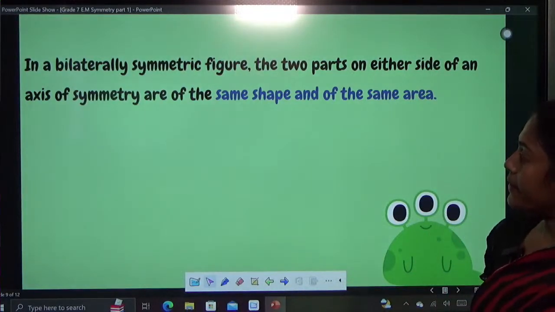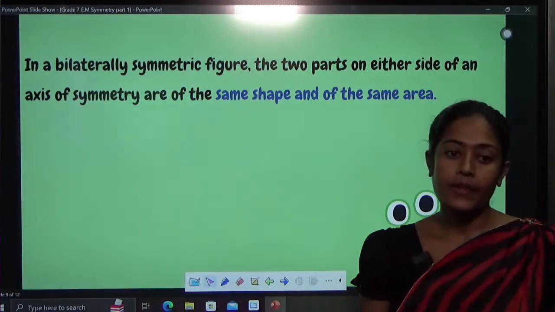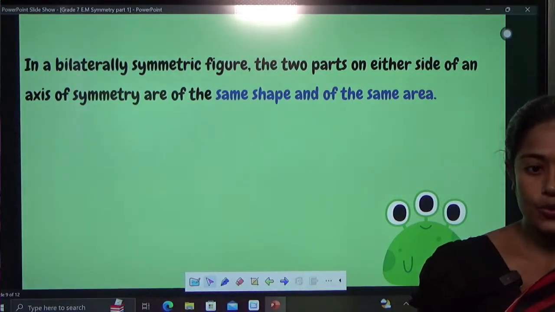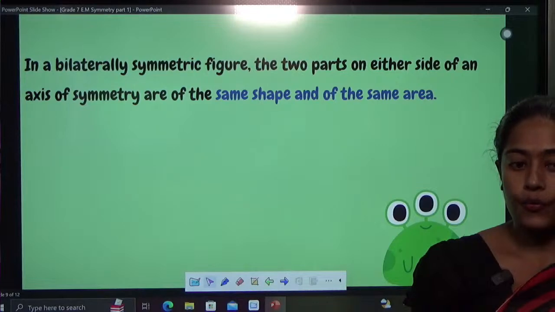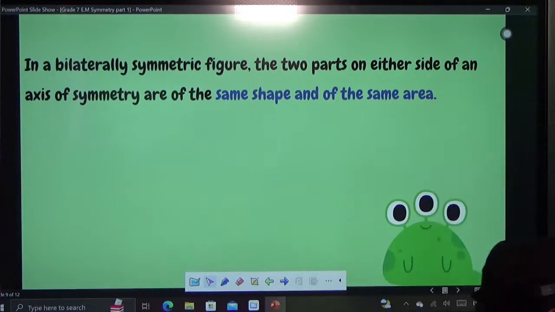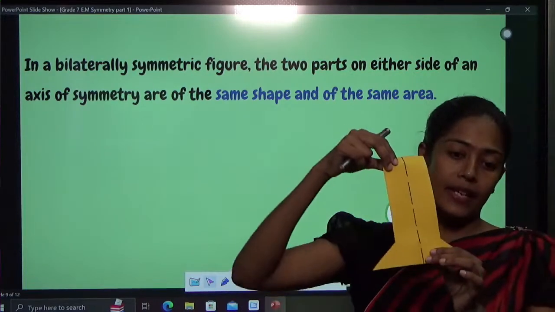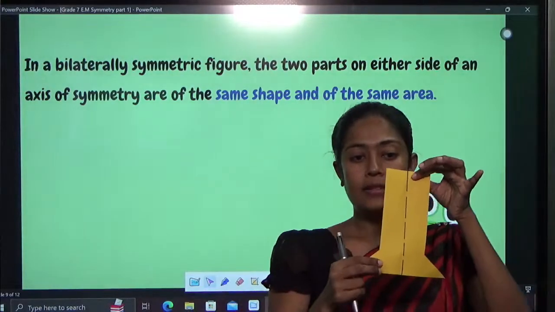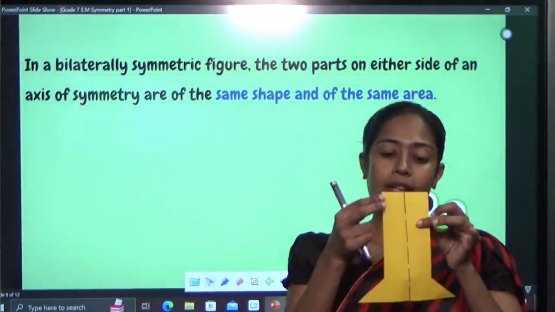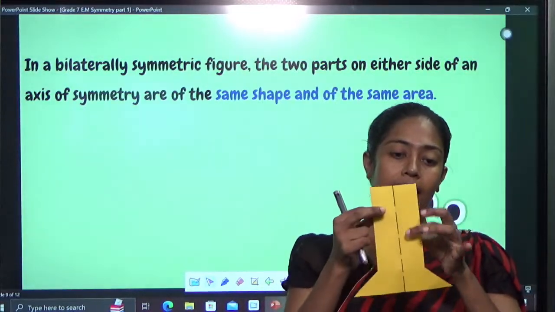In a bilaterally symmetric figure, the two parts on either side of an axis of symmetry are of the same shape and of the same area. So, you have to identify that. Again, I will take this one. This is the figure that you have folded, right? You can identify this side and this side.